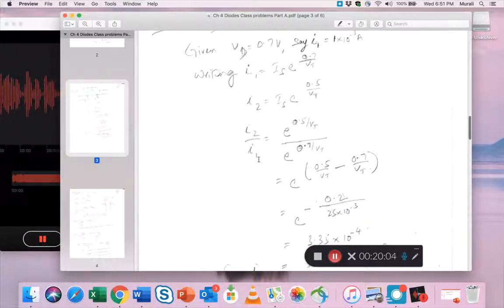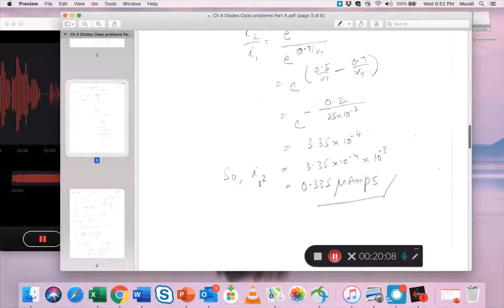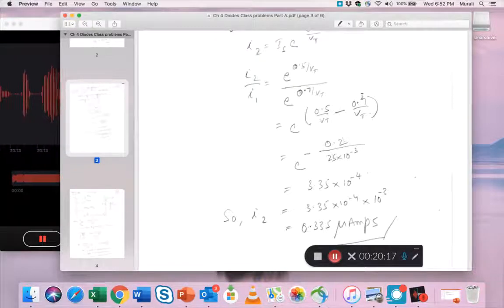So you can write a ratio, and if you simplify that ratio, you come up with this value for I2. So I don't have much time to spend on this, but please take a minute to familiarize yourself, because this concept of taking that ratio I2 by I1 is important, and we will use it a few more times. Okay. All right.